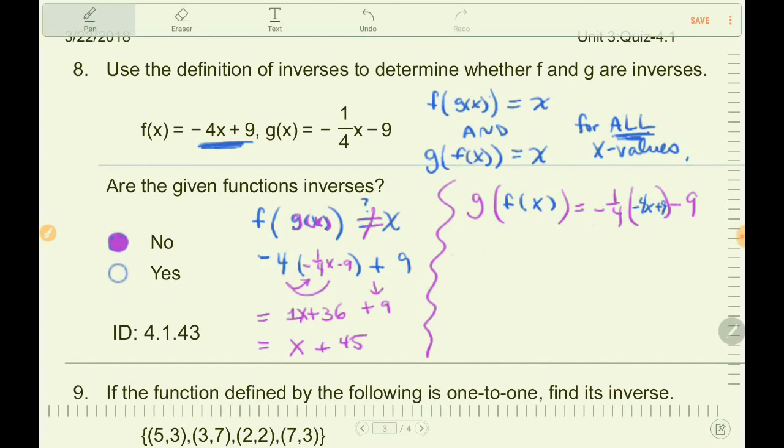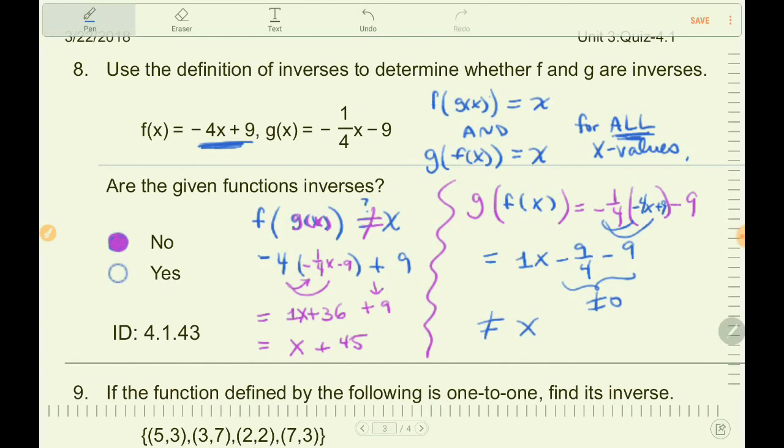Right, so what's going to happen is this gets distributed and I get positive 1x. This gets distributed and I have negative 9 over 4. Bring down the other negative 9. And this is not going to zero out. So then this whole thing is not equal to x. And again, we're shown that they are not inverses.